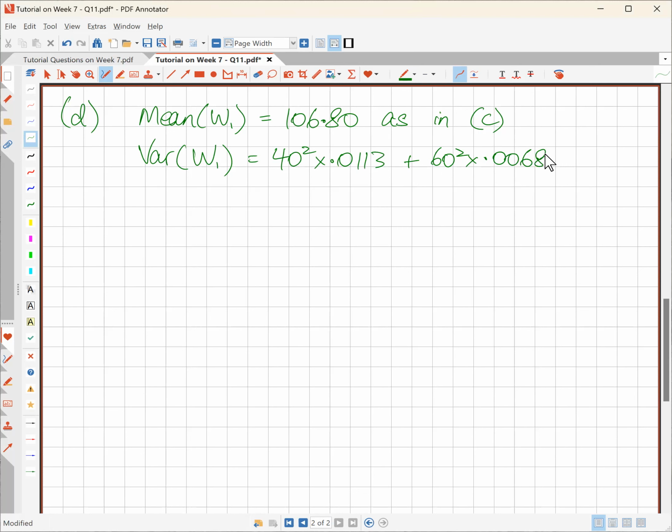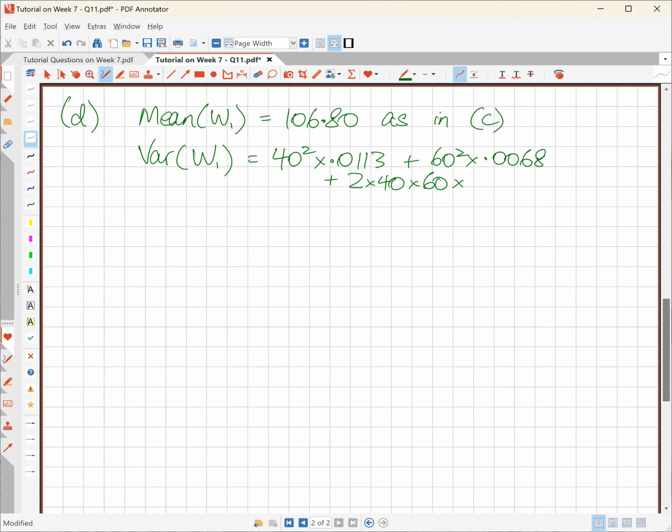And now we'll have to deal with the correlation between them. And so what we need here is twice the covariance. And we need to also take into account the multipliers here, the 40 and the 60. So it's 2 times 40 times 60 times the variance of C, which is equal to the covariance between the two returns IA and IB.